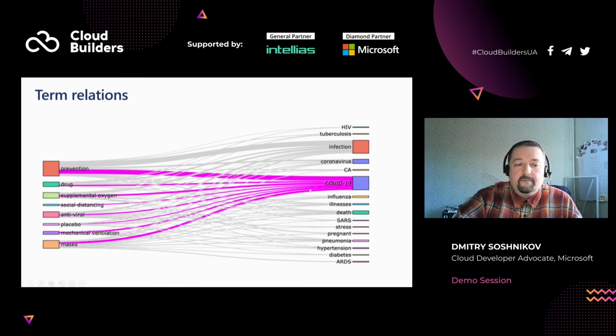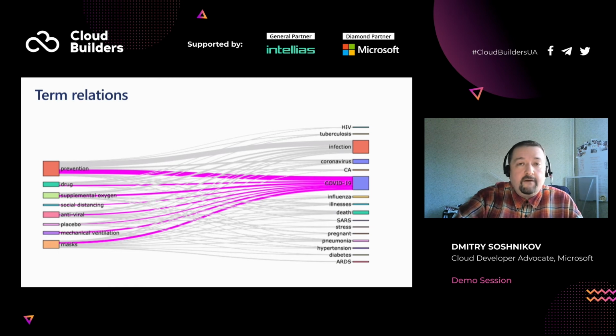And then in addition to prevention, supplemental oxygen is discussed, mechanical ventilation, masks, social distancing, antiviral medicines and drugs. So these are not specific medicines here on the left, but types of treatment.